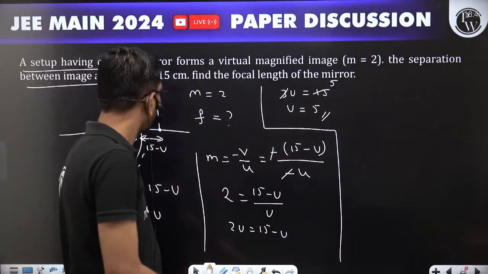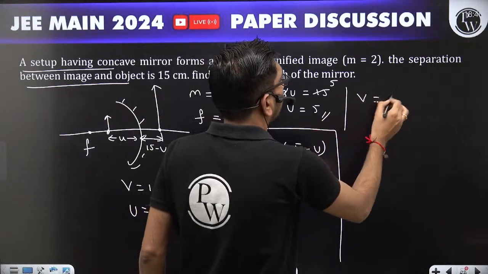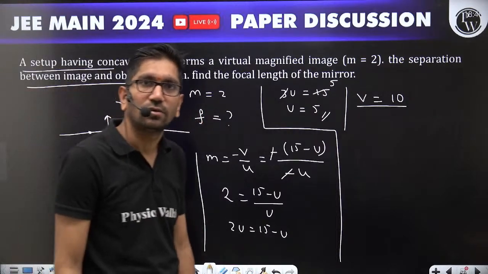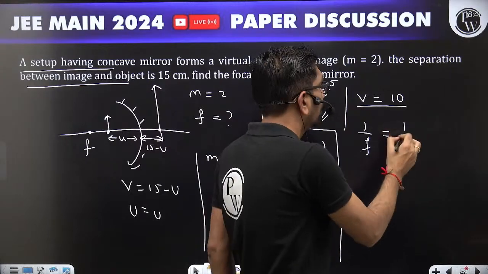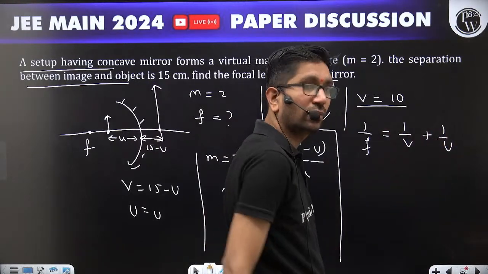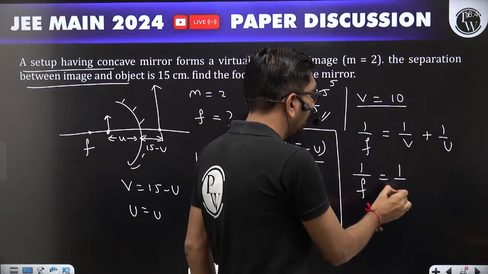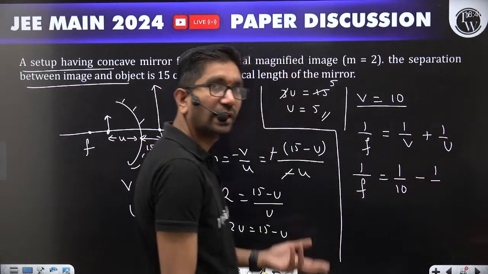V value becomes 10 only. Correct. We have to calculate the focal length now. What's the formula? Mirror formula: 1 by f is equal to 1 by v plus 1 by u. 1 by f is equal to 1 by v value, we get plus only. U value we get minus.